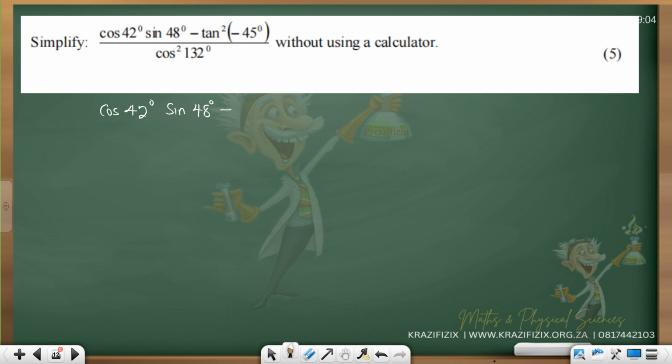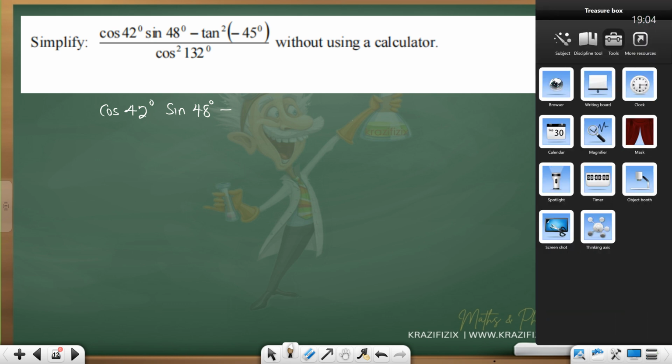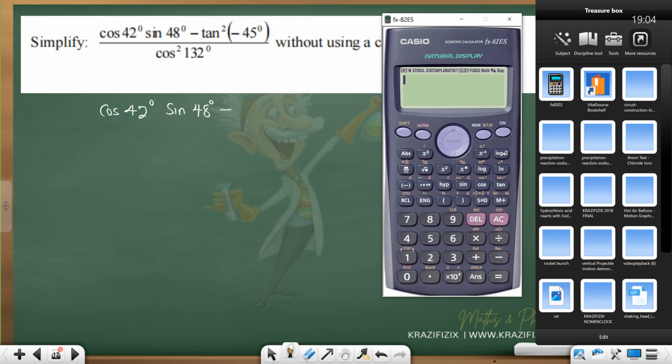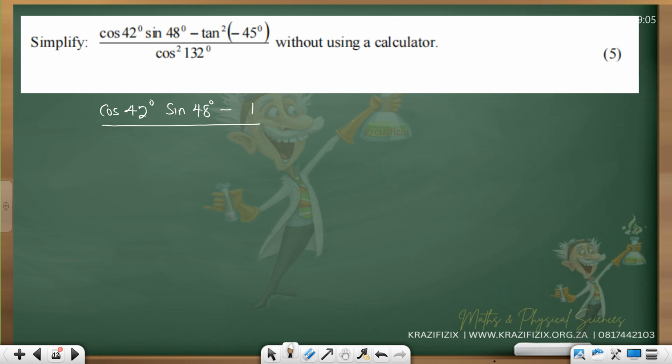So that should automatically become a tan squared. If you were to put that in a calculator, they say without using, but relax. We're going to put it negative 45, and that should be squared. That will give you a 1, because tan 45 in itself is 1. Okay, so minus 1 over.